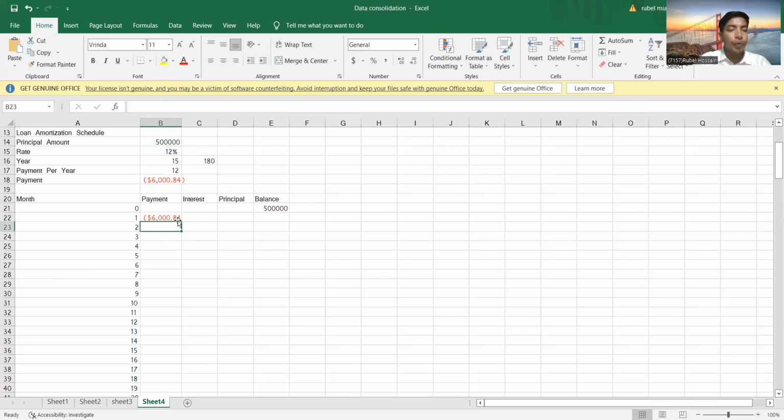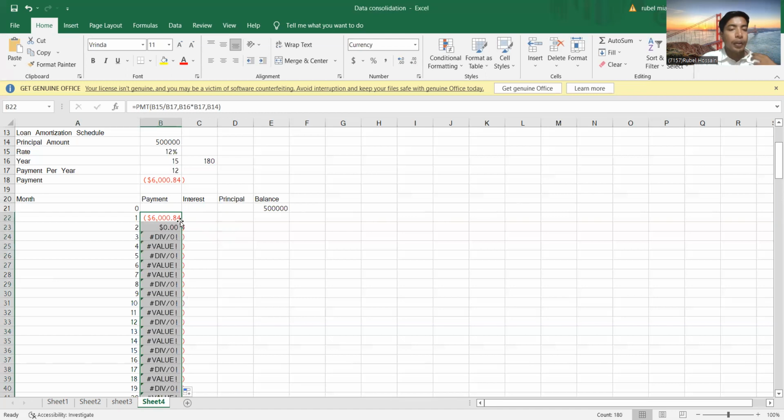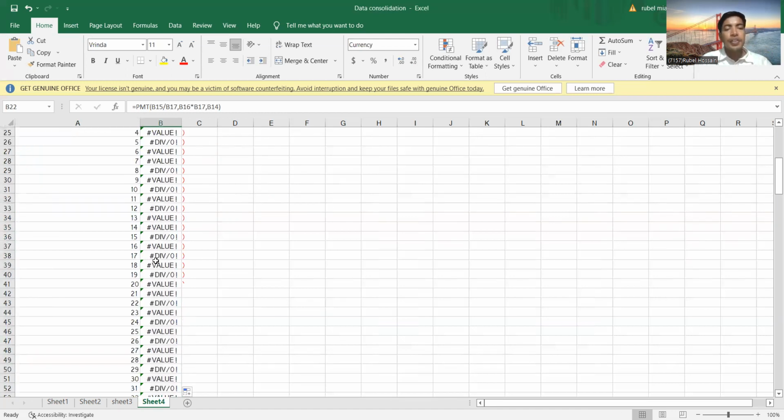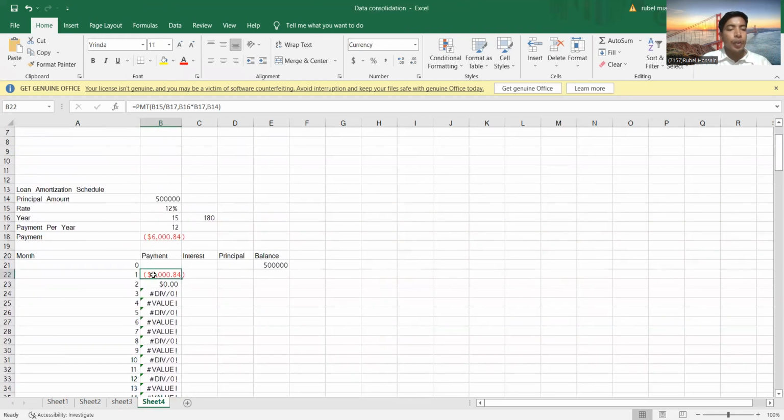Of course the payment will be the same, and for filling all the blank column, just click on it and double click. Why did this happen? To fill up all the options, you have to freeze, otherwise it will not show any amount.